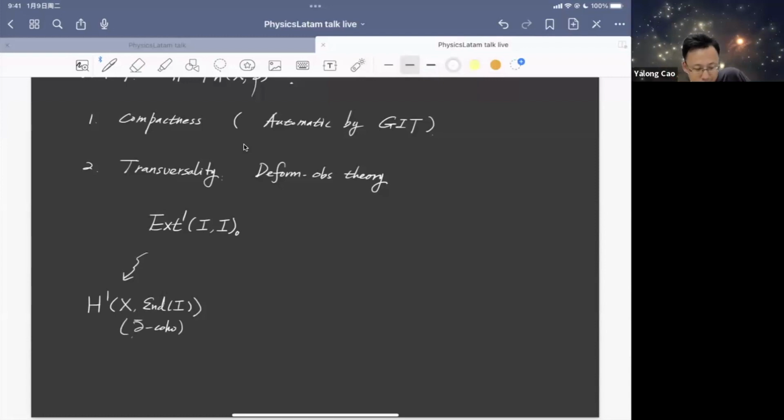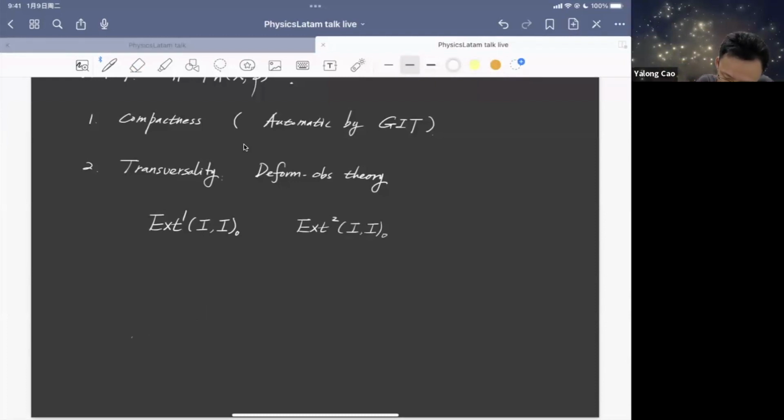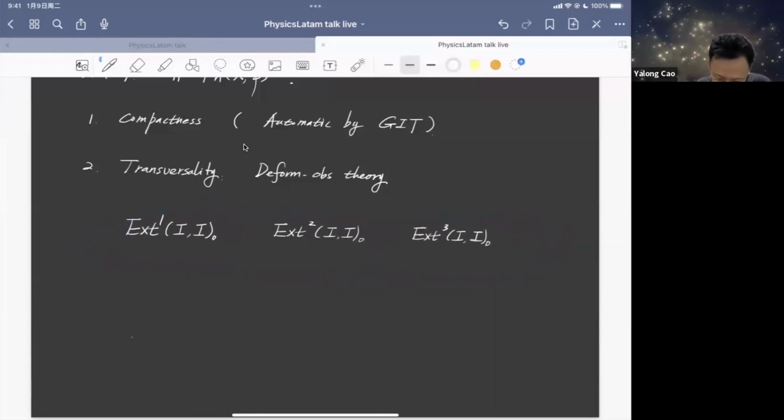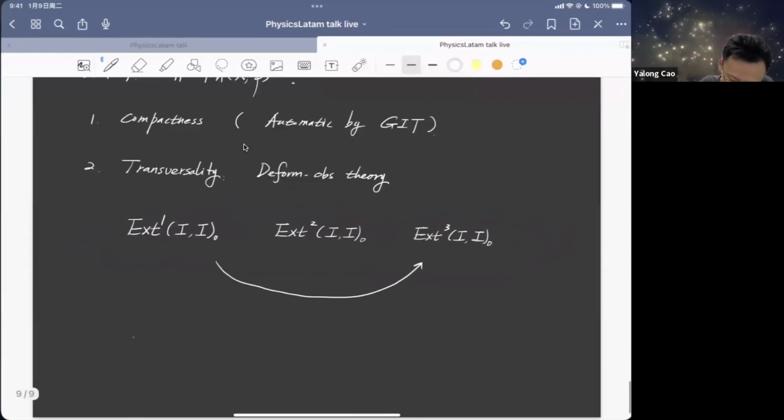But for any coherent sheaf or complex, this generalizes Dolbeault cohomology in terms of this Ext group. You also have this second cohomology space, Ext2, and you have Ext3, and you don't have other terms by dimension reason and also by stability. Anyway, this is something a little bit technical to say. Now there's something called Serre duality, where these two spaces are dual to each other.